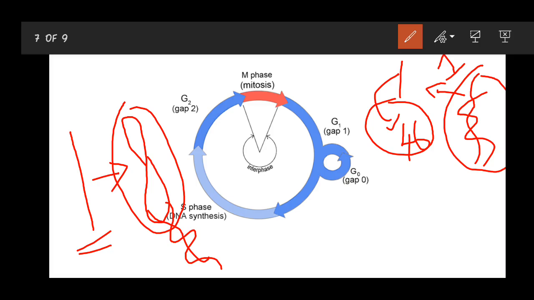Such structures can be formed if you are compacting a chromatid, or compacting the 46 chromatids. This will be the structure present in the G1 phase.